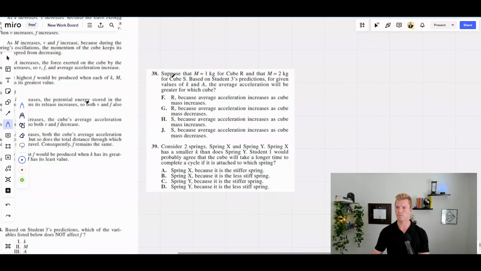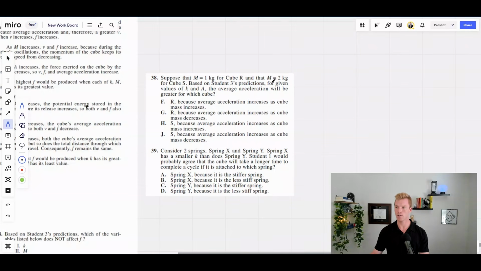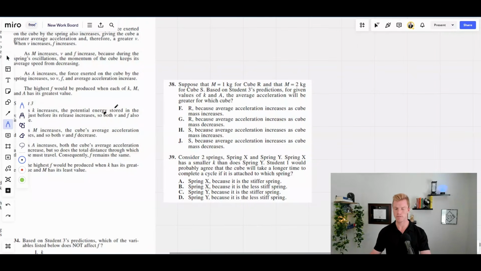So 38 says, suppose that mass is 1 for cube R and mass is 2 for cube S. Based on student 3's predictions for given values of K and A, average acceleration will be greater for which cube? So again, first things first, I'm not going to worry myself too much about all the details and going back to the passage and everything like that.